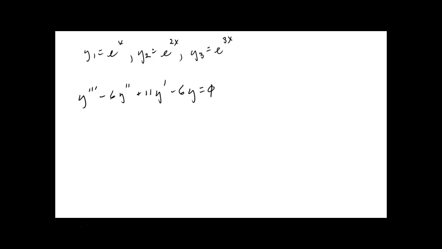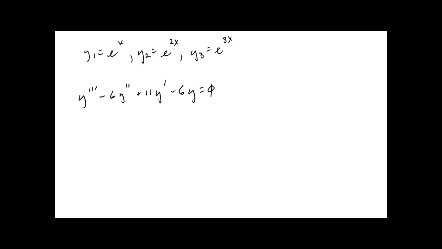Now, a little bit more difficult, but not super, is the second one. What's its first derivative? 2e to the 2x. Second? 4e to the 2x. And third? 8e to the 2x. All I'm going to have is e to the 2x's. So 8 minus 6 times 4, that was minus 24.